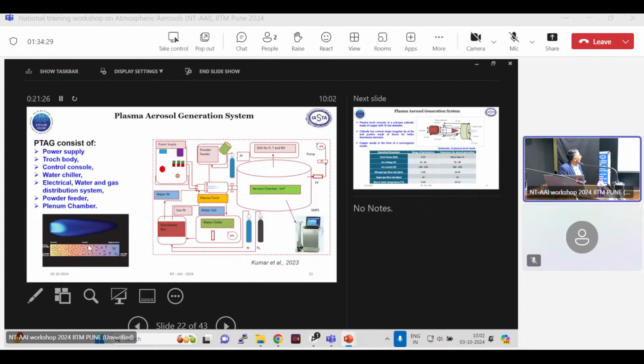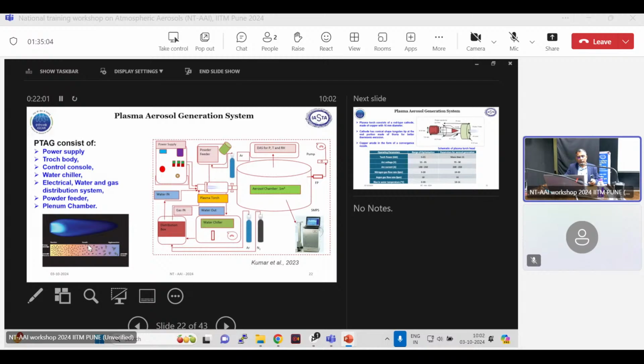And because this plasma will generate huge energy, we need to cool the electrode, anode and cathode, otherwise the electrode anode will melt and erosion will be very fast. And then the gas distribution line, for whatever gas we are using for creating the plasma, whether argon, helium or nitrogen. And then of course the aerosol chamber, where we pump these aerosols, and then we can study the time evolution of the aerosol and physicochemical properties of the aerosol.